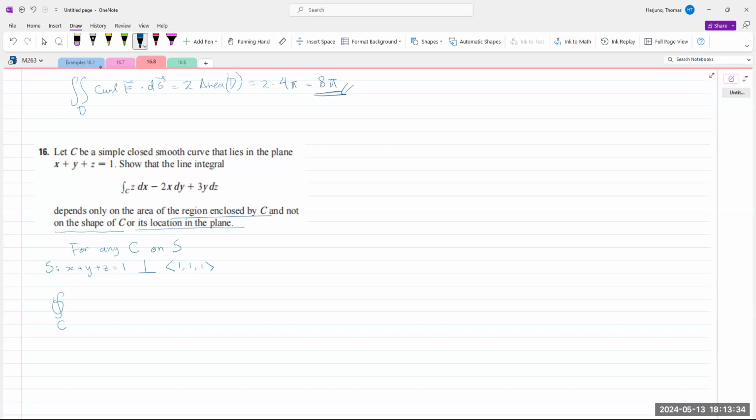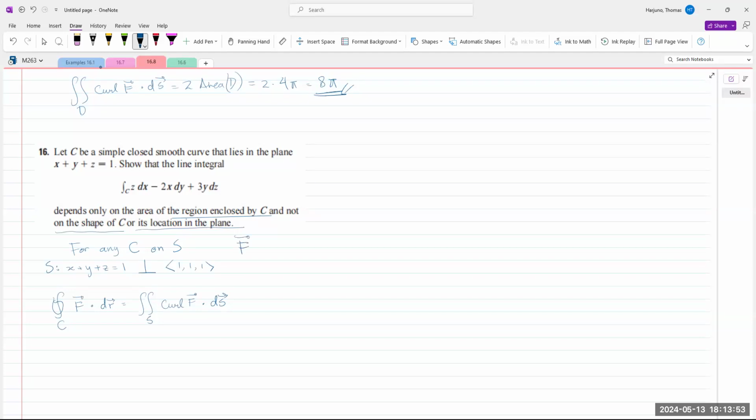Okay, so the integral over closed curve C of F dot dr is equal to the double integral over S of curl of F dot dS, right? Let's take a look. What is our F?